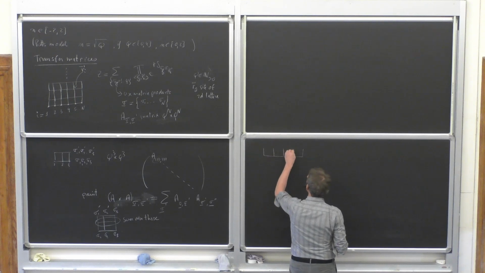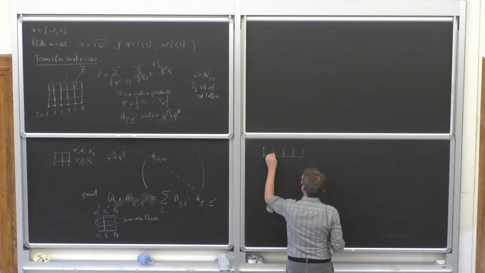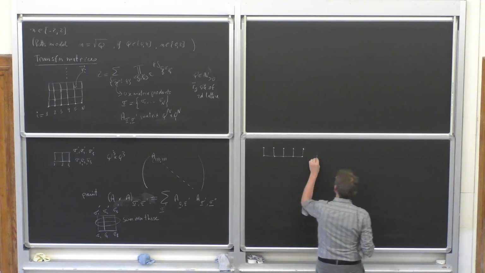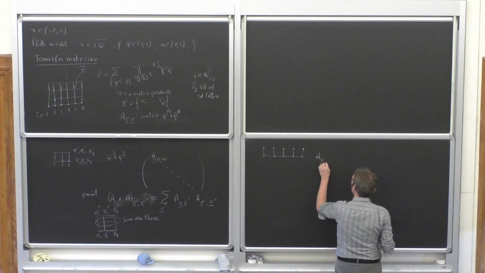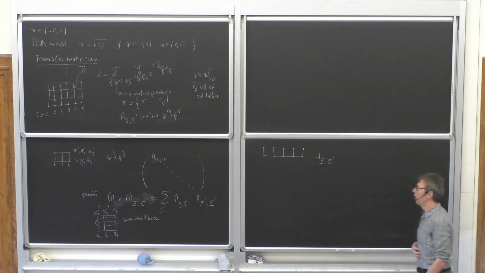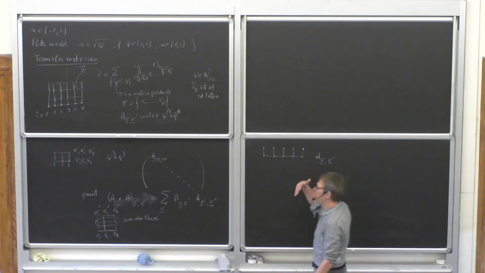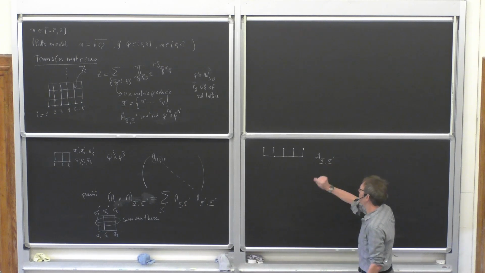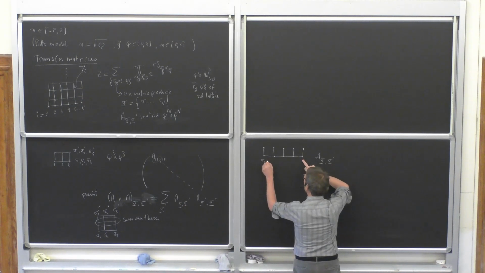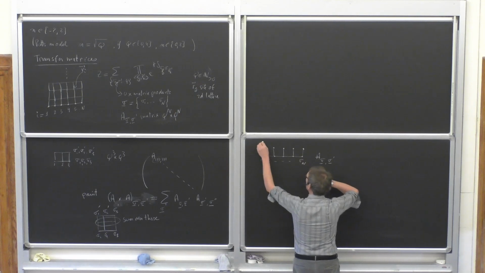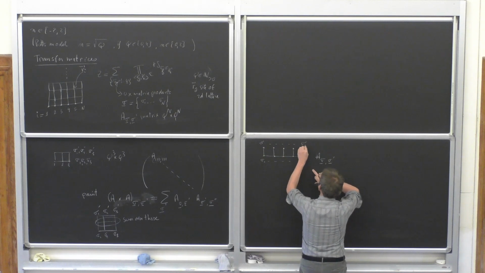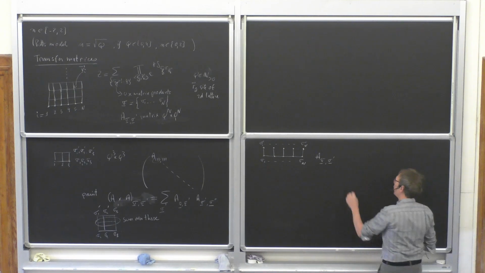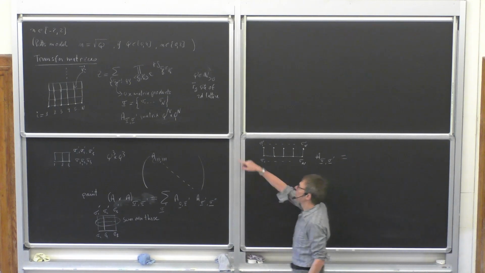So the choice of matrix we're going to make will be the following. We're going to decide that A sigma sigma prime, so remember A is a matrix Q to the n times Q to the n. So for a given sigma set of spins at the bottom and set of spins at the top, we're going to choose for the matrix element something very smart, which is exactly what we need from the partition function.